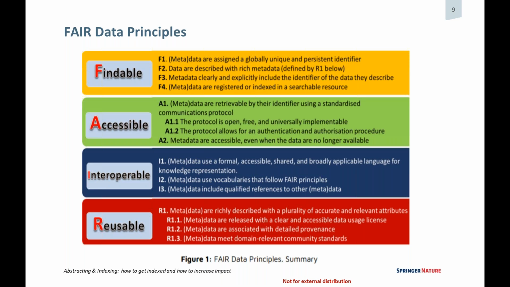And the backbone of this is known as the FAIR data principles. So the content, the metadata that we create in the data file, needs to be findable, accessible, interoperable, and reusable. So this is the premise.